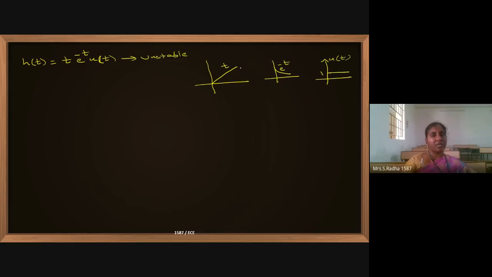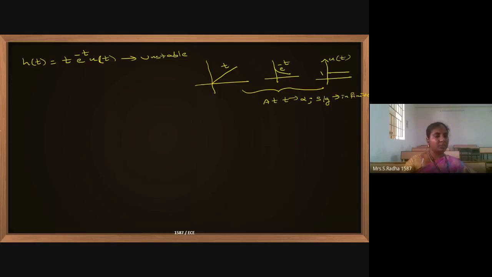However, multiplying with the first one, the value goes on increasing. As t approaches infinity, the signal value becomes infinity. Hence a system with such h of t is unstable.